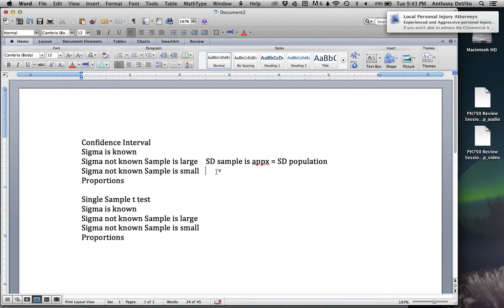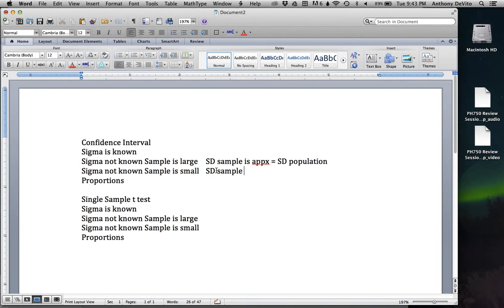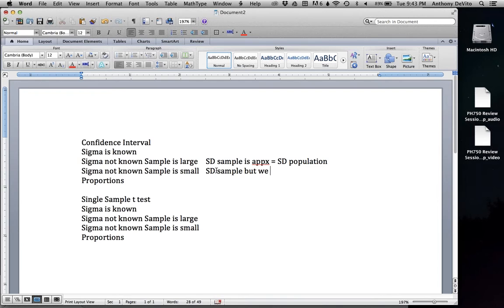So we use the standard deviation of the sample, but we increase the spread of our confidence interval to account for that extra uncertainty. The way we do that is that we employ the t-test instead of the z-test, the t-distribution instead of the z distribution.